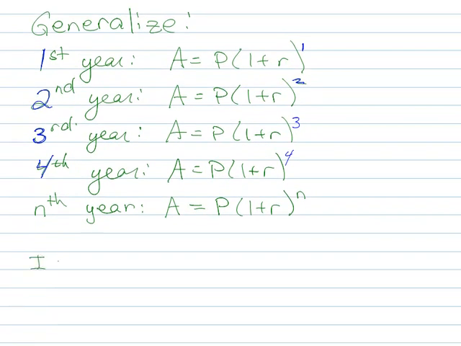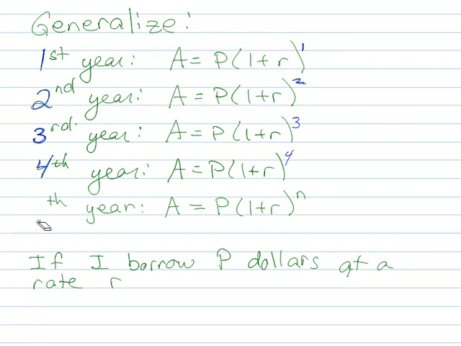Yay! So if I borrow p dollars, or if I invest p dollars at a rate r, actually let me change that n to a t, because I want to use n later.